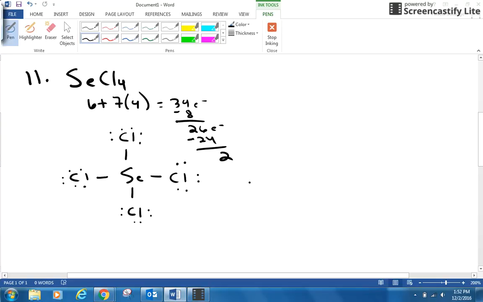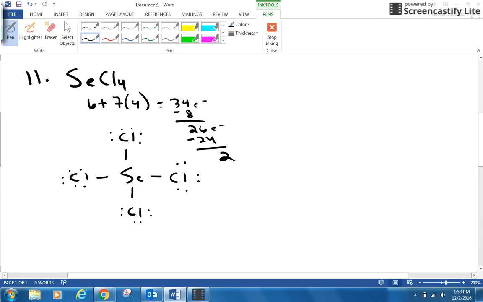Anytime this is the case, what I'm going to do is look at my central atom and see if it's in the 3rd energy level or greater. So selenium, if I look at it, it's in the 4th energy level. Since it's in the 4th energy level, that means selenium can have more than 8 electrons surrounding it.